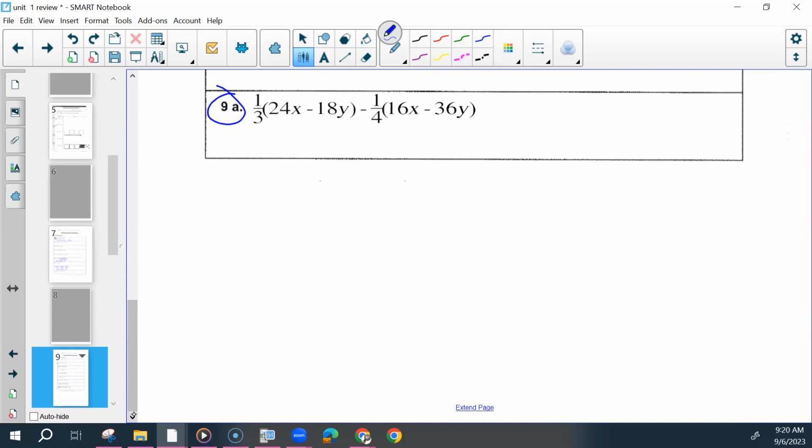It's the same thing. We're still going to distribute, so 1/3 to the 24x and the -18y, and the -1/4 to the 16x and the -36y. You could multiply 1/3 and 24, 1/3 and -18, -1/4 and 16, -1/4 and -36. Or because this is a fraction where the numerator is 1, you can think about this as dividing 24 by 3, -18 by 3, 16 by -4, -36 by -4. So you choose.